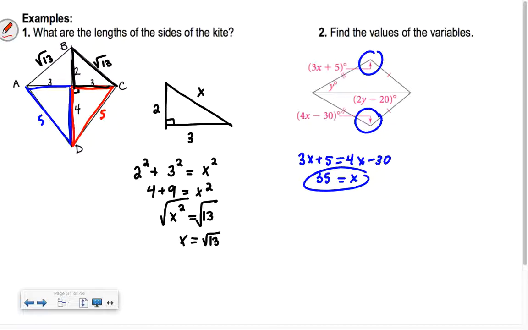Okay, but we have other measurements. So we have this angle, and we have this angle, which I don't think are congruent to each other. These two would be, and these two would be, right? But they're not going to be congruent to each other because it's that kite shape, okay?